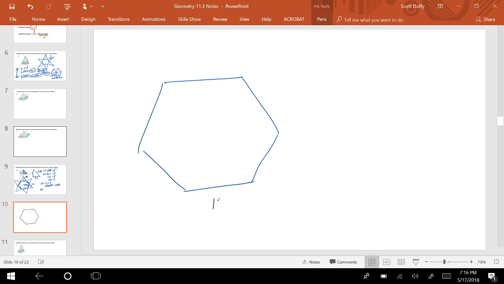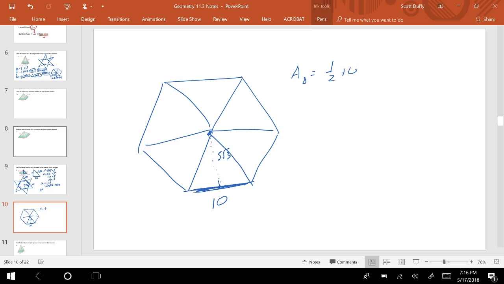We know that the edges are 10 and that the distance from the center to the midpoint of one of the sides is 5 times the square root of 3. Essentially what they gave us was the height of one of the isosceles triangles that are drawn in. Since we know the height of one of those and also the base, you can take area of one of the triangles equals 1/2 times the base of 10 times the height of 5 times the square root of 3.